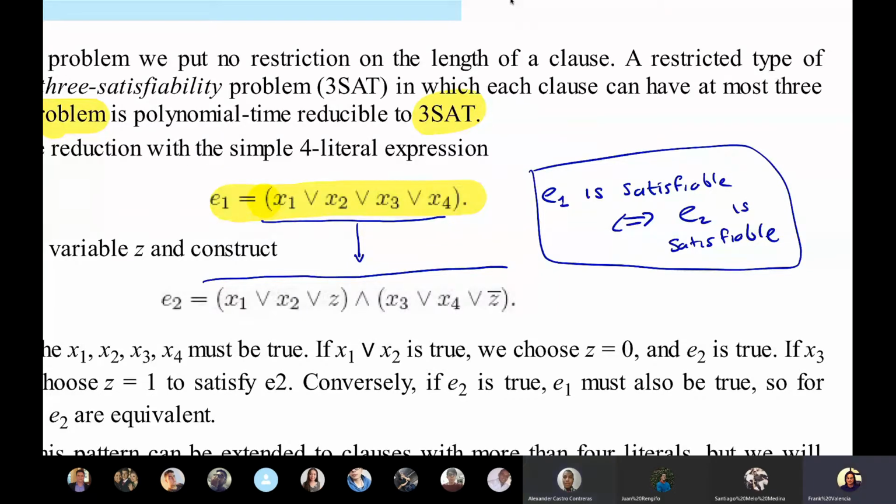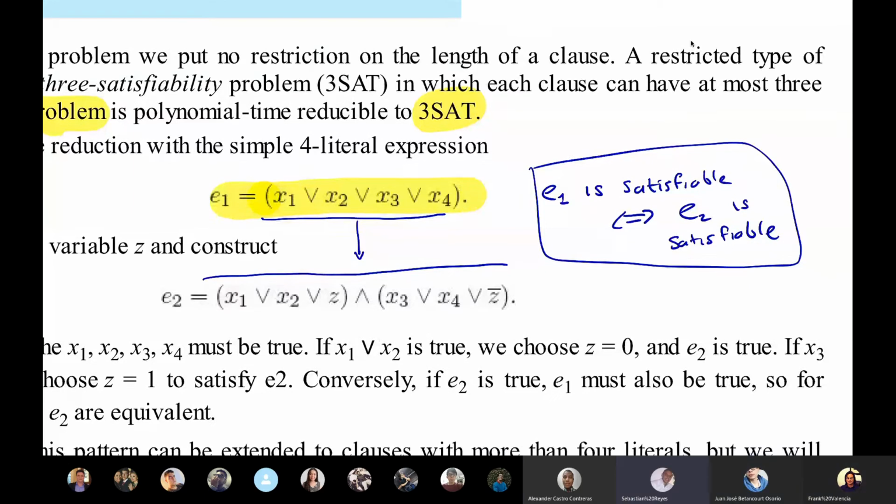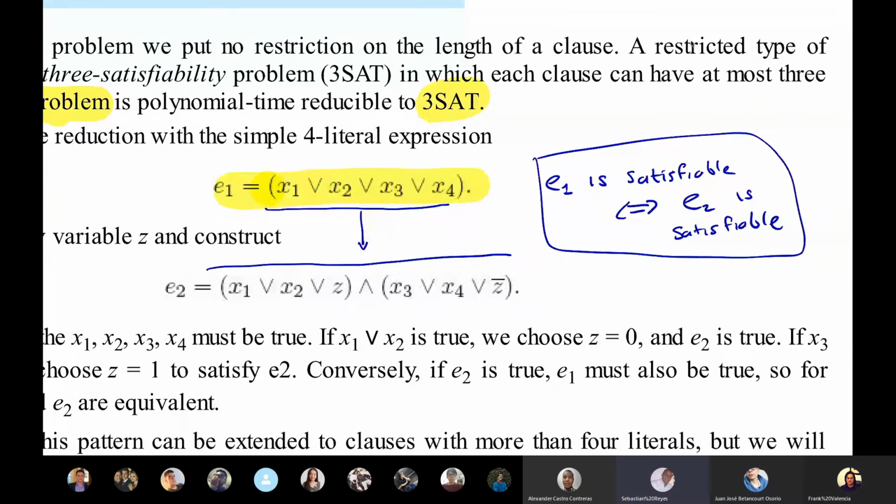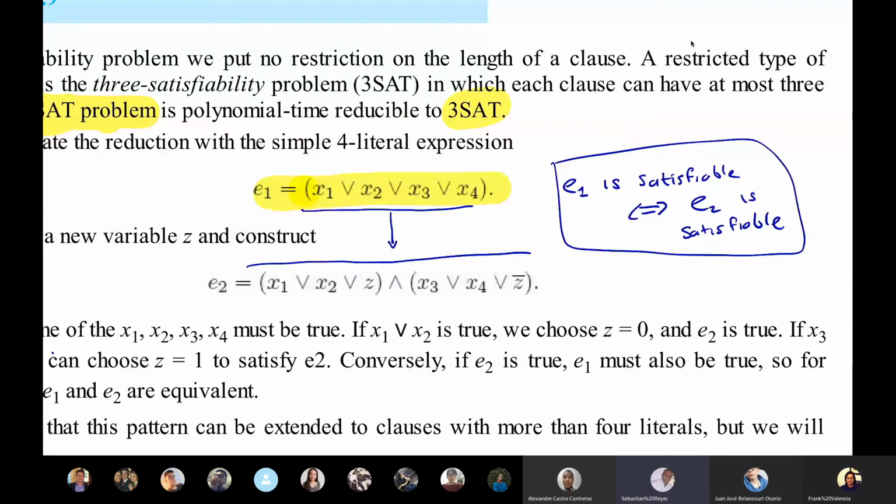Okay, and the other direction, if yeah, somebody's saying something. Wait, Sebastián, tell us. Preguntica. En este caso, en el de E2, ¿cierto? Para la satisfacibilidad del 2, ¿no tendría que darse en el que, por ejemplo, tanto el de la izquierda como el de la derecha sean 1? Yes, that's true.